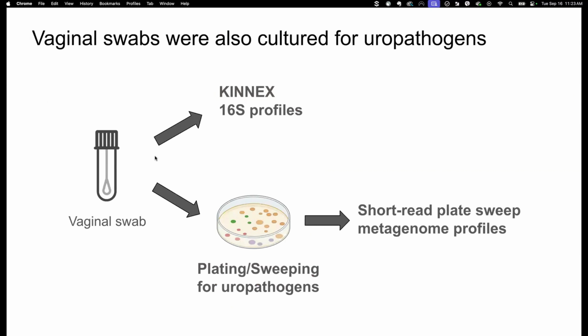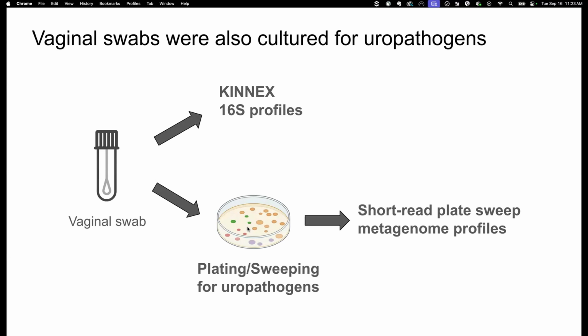So, in a tip of the hat to multi-omics, I want to share with you the integration of a different data type that has started to give us more power to dive in. For every vaginal swab that we processed for the Kinnex system, we also had a companion vaginal swab that was used to plate, or grow, bacteria on plates in the laboratory.